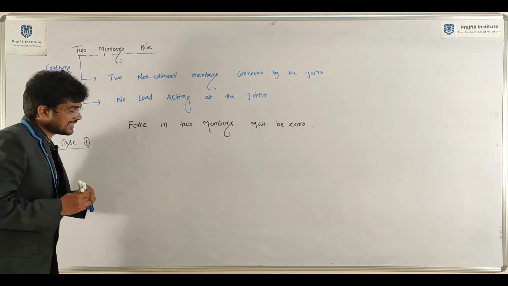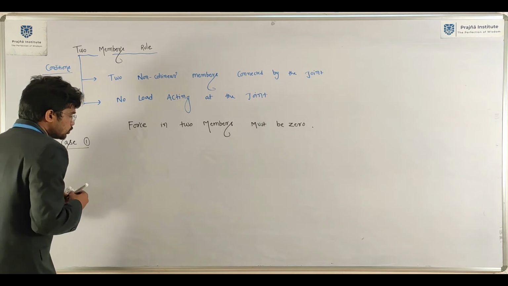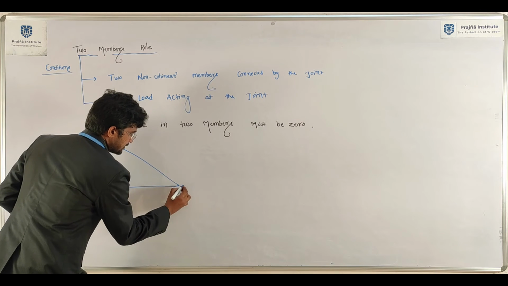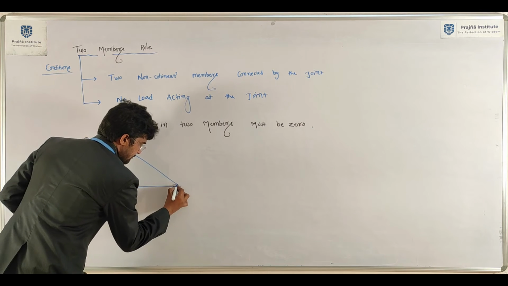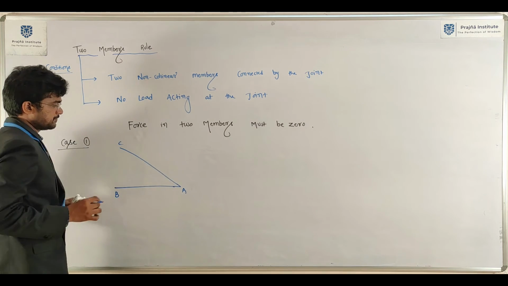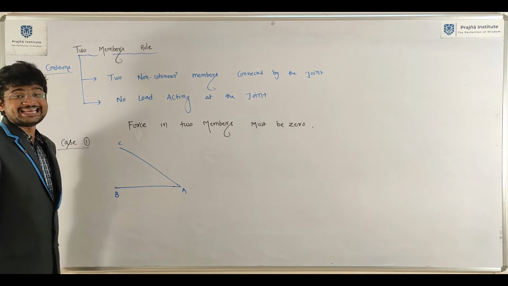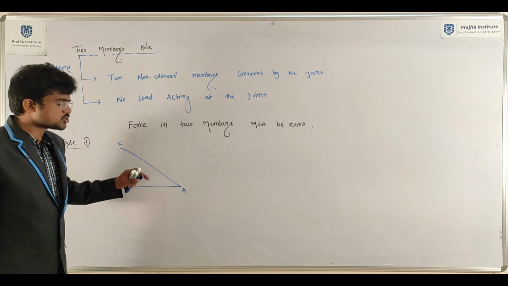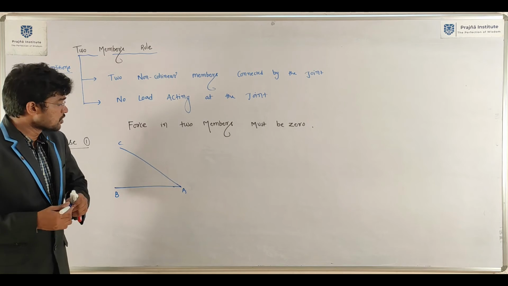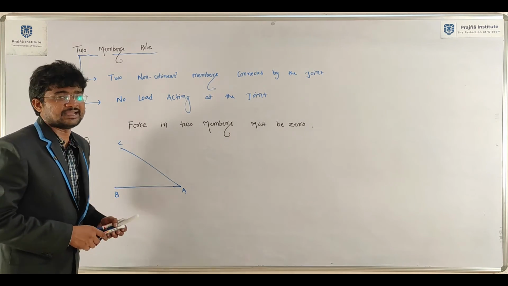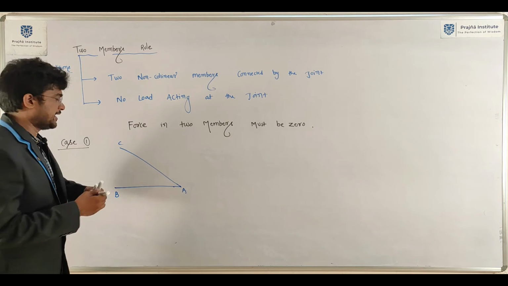Just have a look at case 1. Two members here: this is A, B, C. AB and AC meet at the joint, and these two are non-collinear members. Non-collinear means these two members are not in the same line. Okay, no load acting at the joint.